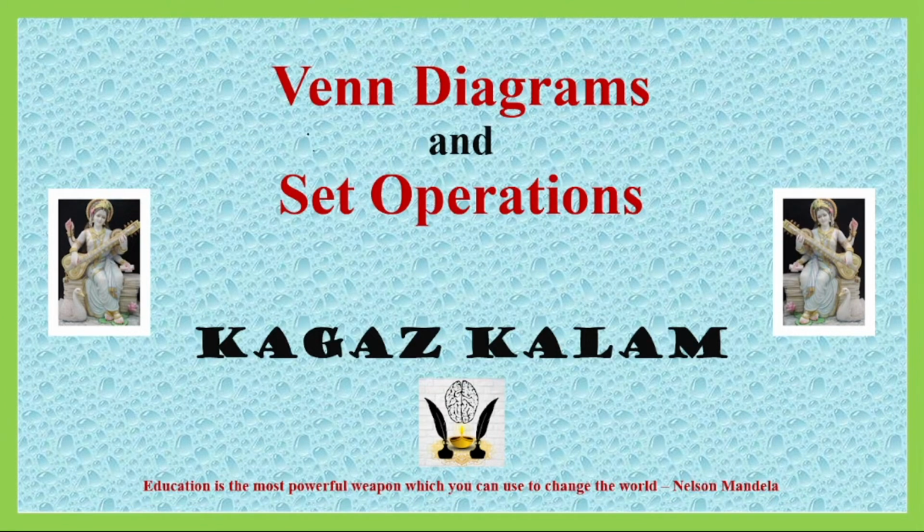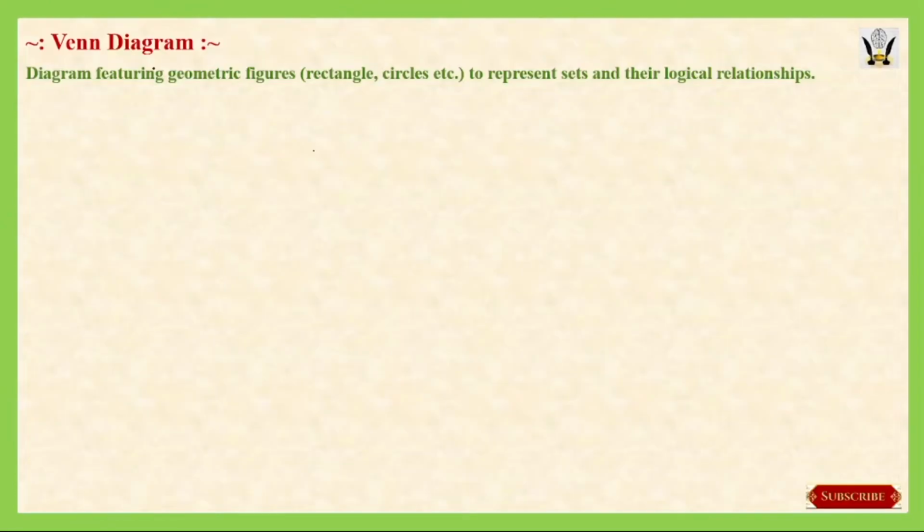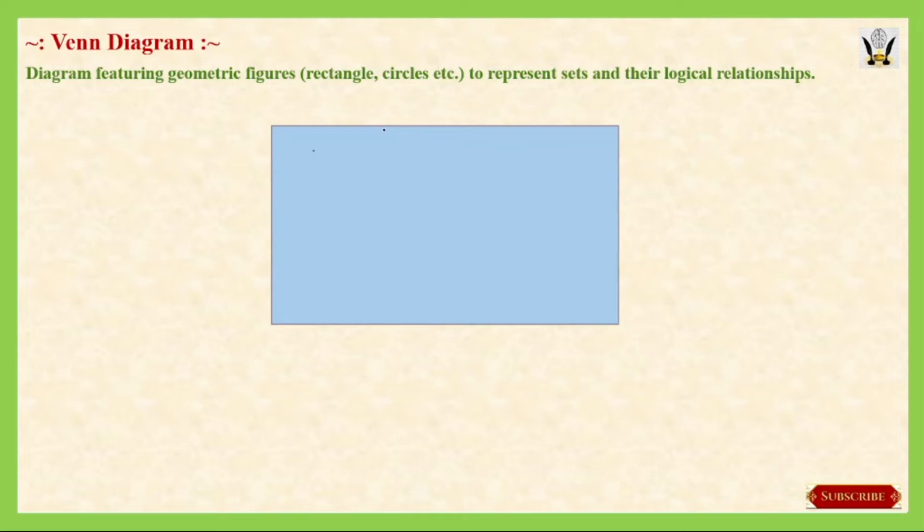Now first we will learn what a Venn diagram is. A Venn diagram is a diagram that represents sets and their logical relationships in terms of geometric figures like rectangles, circles, and sometimes ellipses. In the world of Venn diagrams, we represent a universal set by a rectangle.